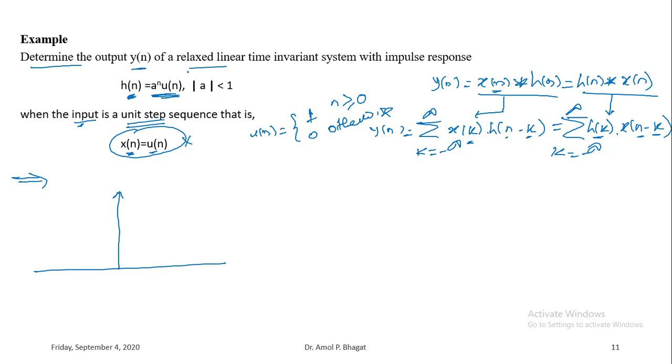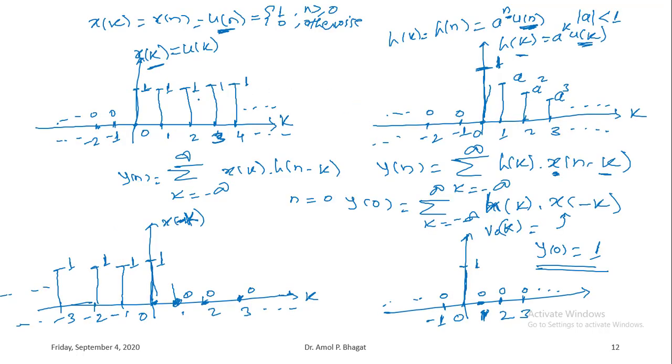Here the sequences are given in the functional form. Actual sample values are not given here. Still we have obtained and plotted the sequence. Here we have seen that you can use any one of these two formulas. Depending on which formula you are using, the particular sequence will be folded and shifted.